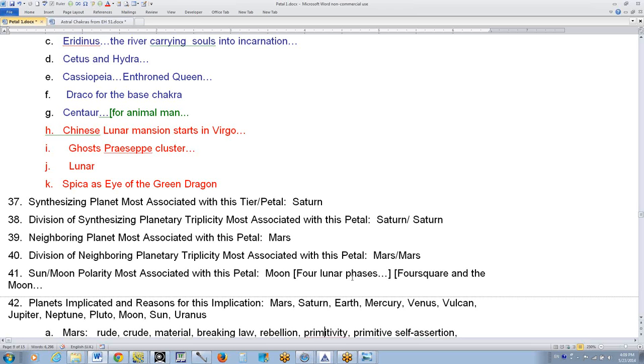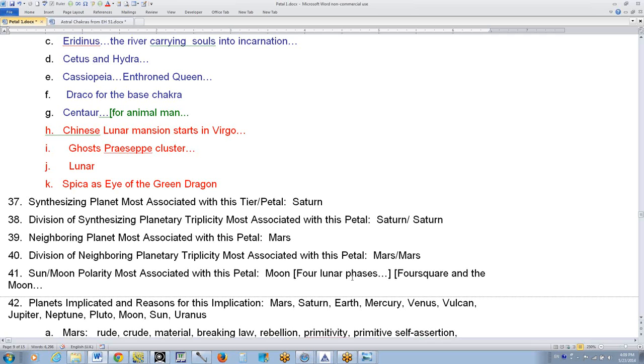Saturn will be the planet ruling the entire knowledge sphere, one of the synthesizing planets ruling the entire knowledge sphere, and this is the sub-Saturn petal. Neighboring planet most associated with this petal would be Mars, and we've talked about the Mars-Saturn connection with this rather brutal situation.